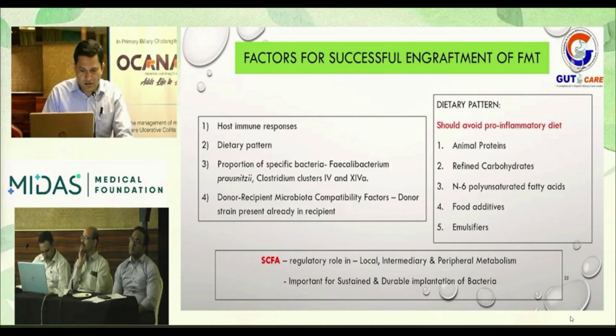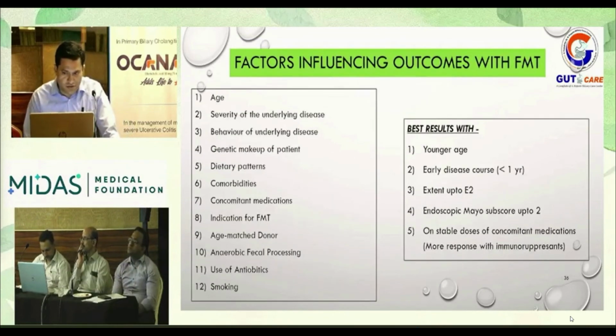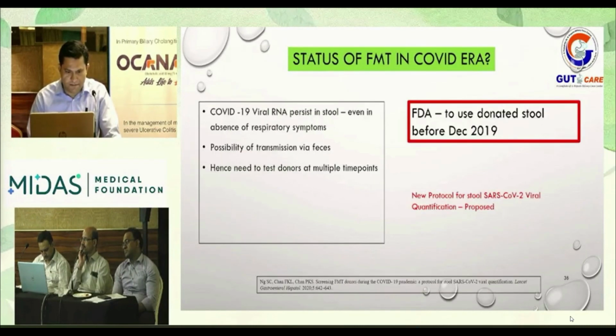And it is again related to the proportion of specific bacteria in the donor feces like Faecalibacterium prausnitzii and Clostridium clusters. The factors influencing the outcome already discussed, like younger age, early in the course, extent up to E2, endoscopic Mayo score up to 2, and on stable doses of concomitant medications, including the age-matched donor.